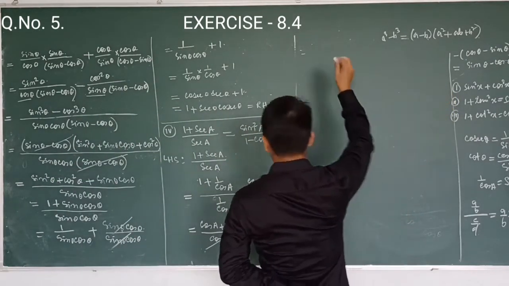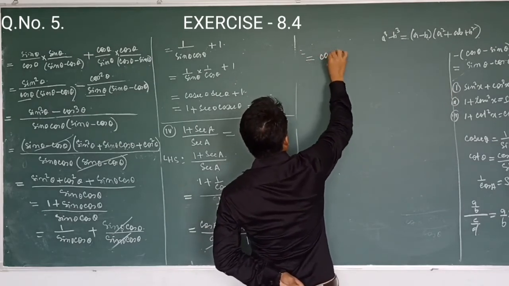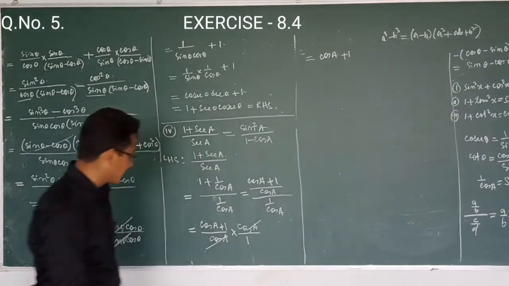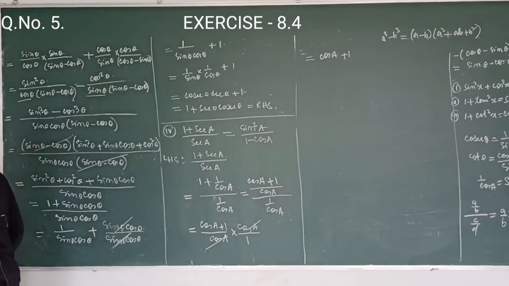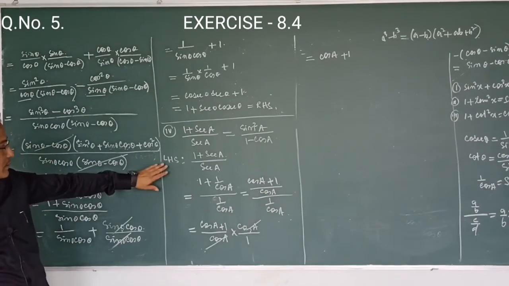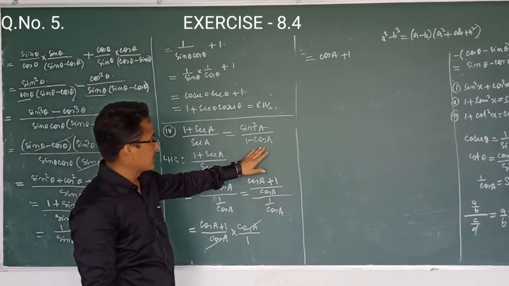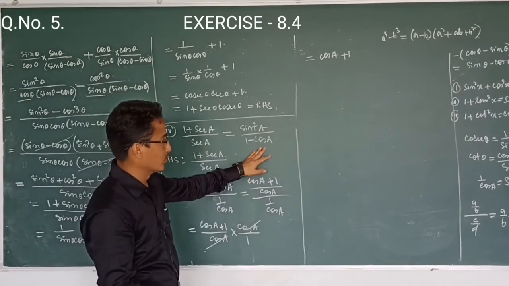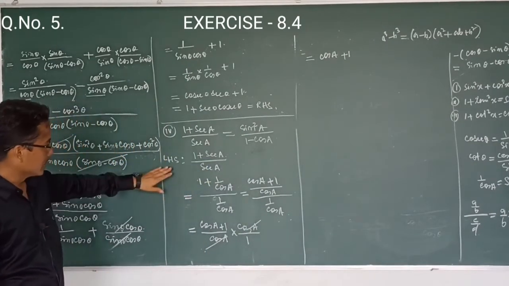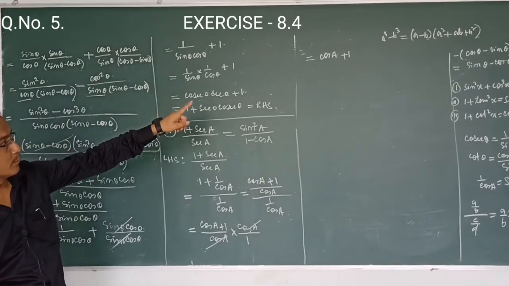We will get cos a plus 1. So you will see this is our right hand side. No, this is not our right hand side. Okay, sometimes what happens, we solve the right hand side also, to get the left hand side. So this left hand side I solved and I get cos a plus 1.